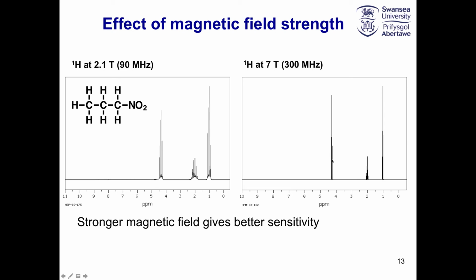This is still a triplet here, but you'd need to zoom in to see it. And this means that the resolution is better. It's easier to distinguish between 2 resonances with similar chemical shifts, and there are fewer overlaps. Overall then, bigger, powerful and more expensive magnets give better spectra.